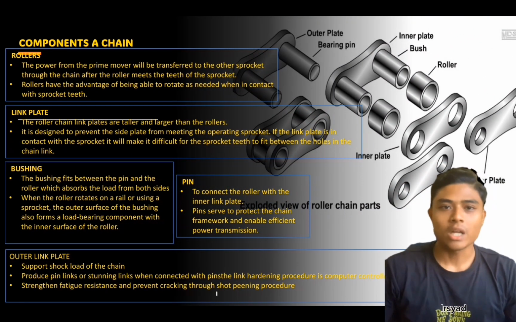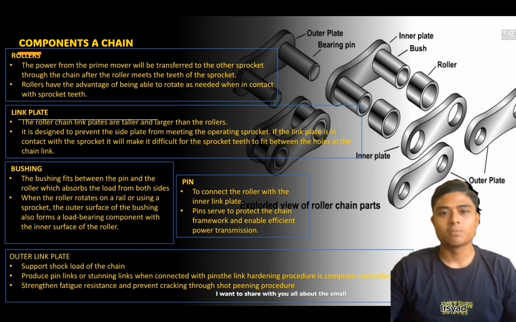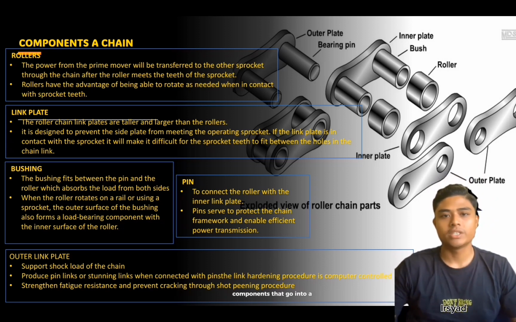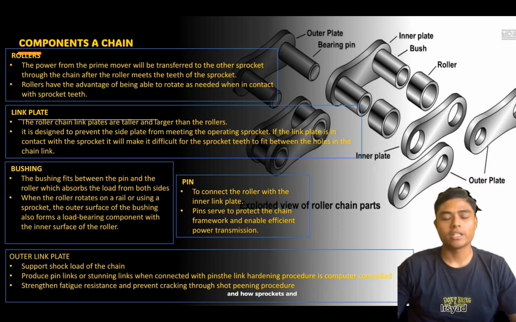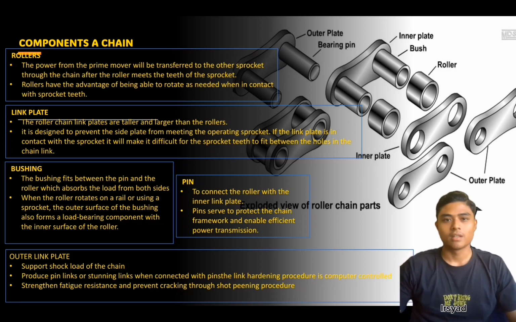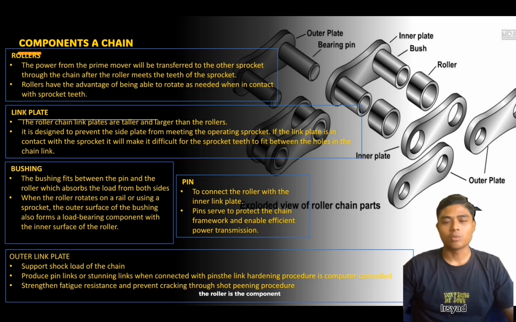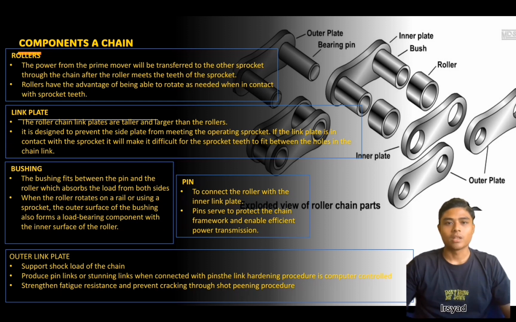First of all, I want to share with you all about the small components that go into a chain and how sprockets and chains work. The first component is the roller. The roller is the component that will come into contact with the sprocket teeth to transmit power. The rollers have the advantage of rotating as needed when in contact with the sprocket teeth.